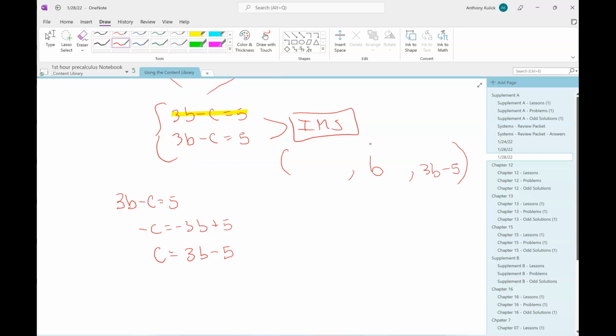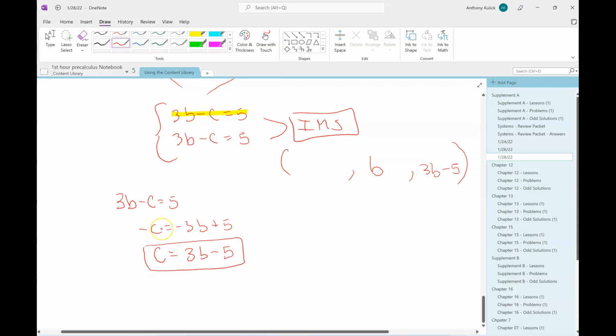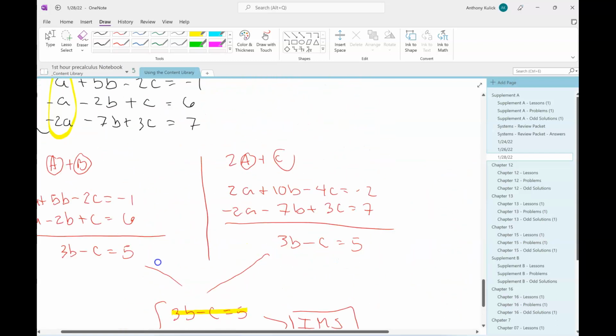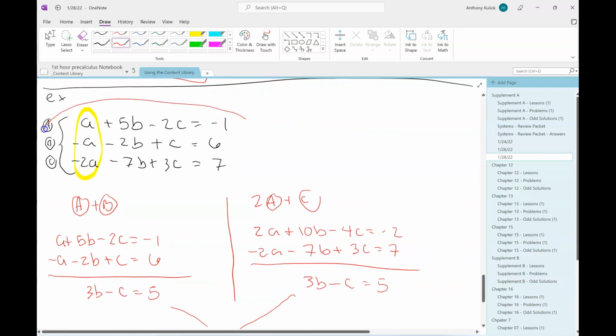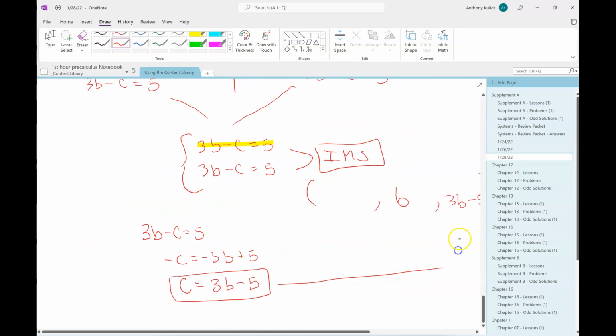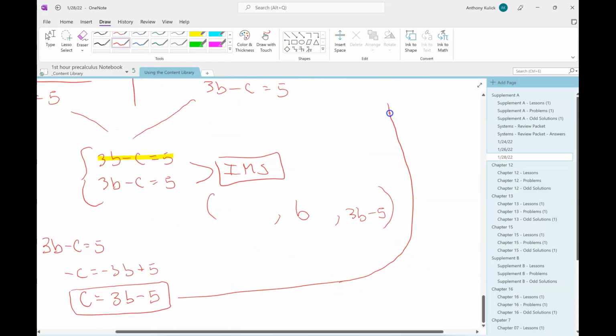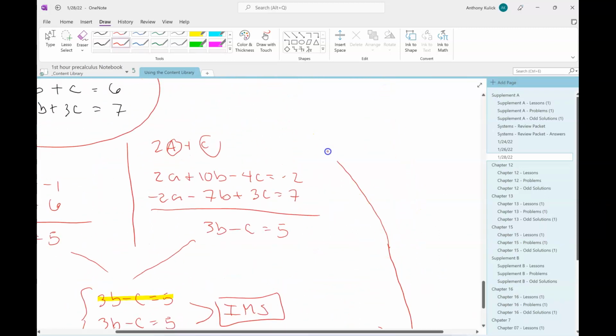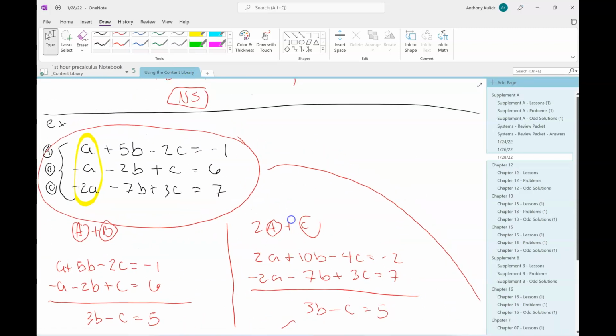So far, so good. And then I'm going to take this and plug it back into any of the three variable systems that we had here. Specifically, which one do you think looks the most appetizing to get the a out of it?